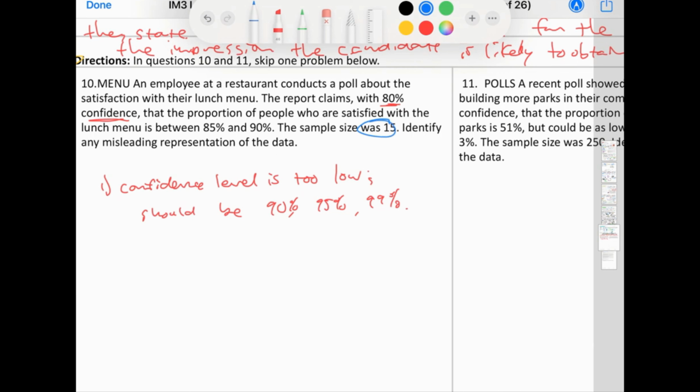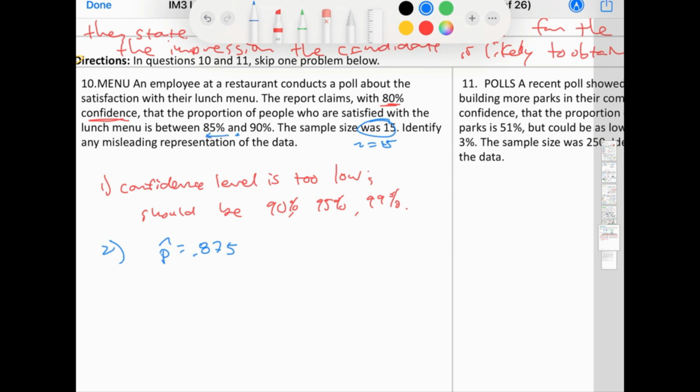Sample size. If n equals 15, let's do some math. If our sample proportion, p hat, is 87.5, and I got that number because it's in between the middle.